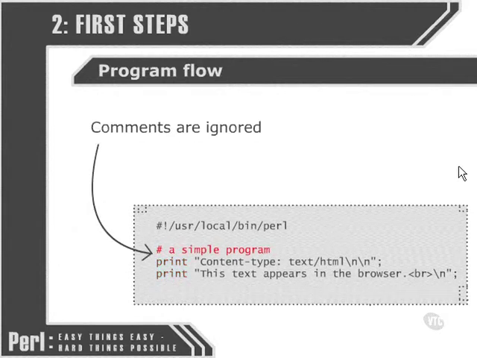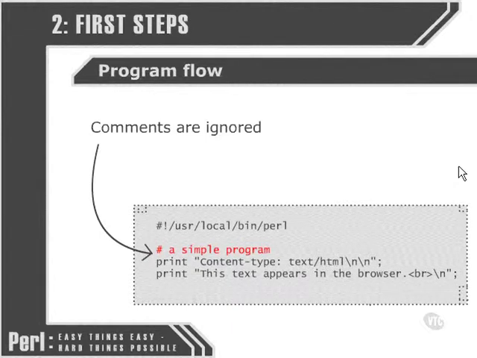One final thing that I should note in this movie is that any comments we include within our script can be marked with a hash at the beginning of the line, and these are ignored. We can use these to remind ourselves of what we were trying to do when we wrote a certain part of our program. This is probably irrelevant for a simple program like we have here with only 2 lines of actual code that does anything.